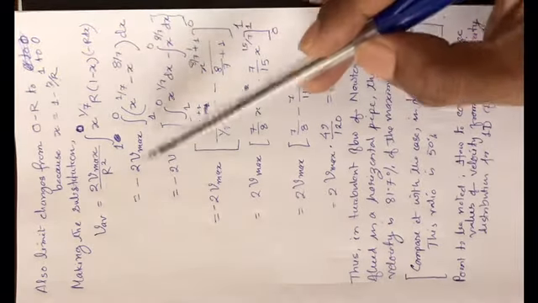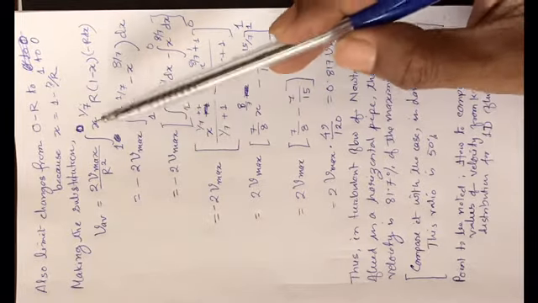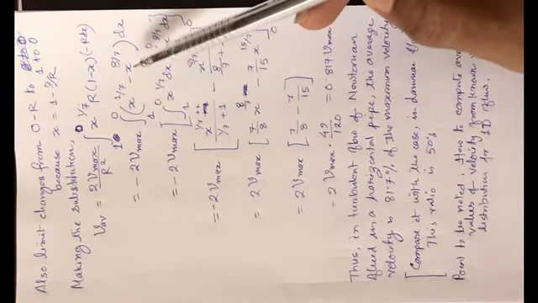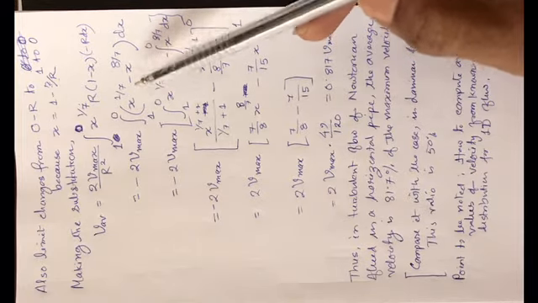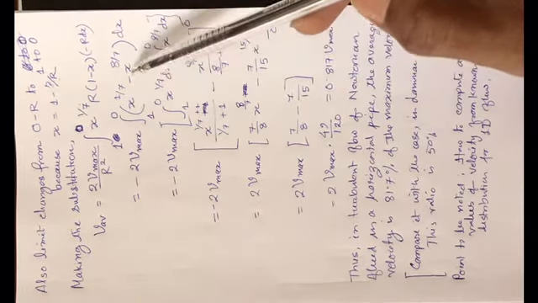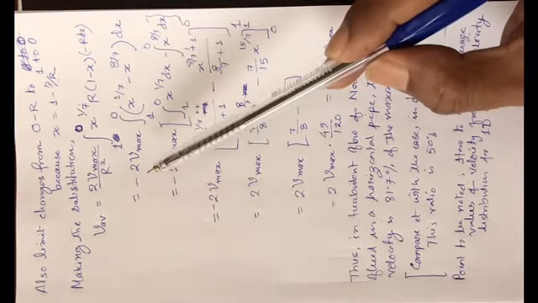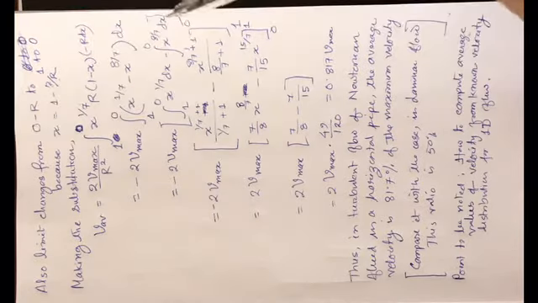Both the R's are getting cancelled, so R square is vanishing here, and 2 into Vmax is remaining. Only the terms which are dependent on x remain inside the integration sign: x to the power 1 by 7 and x to the power 8 by 7, and it is minus 2 Vmax because of this minus sign, and it is now dx.